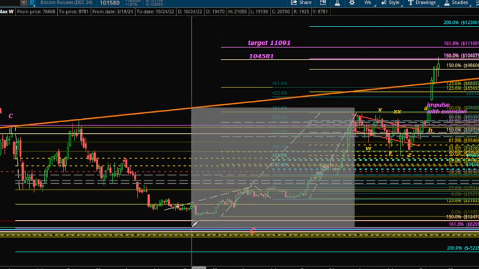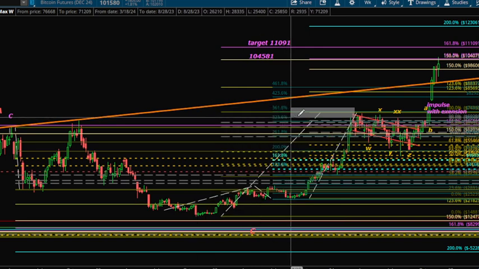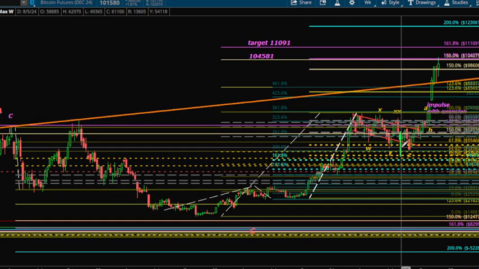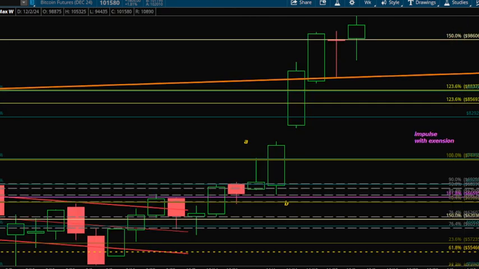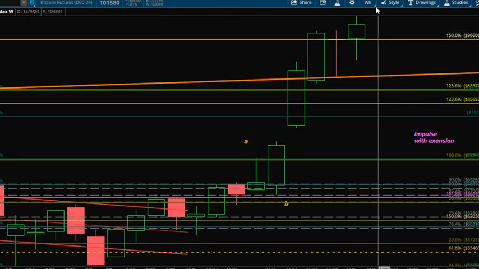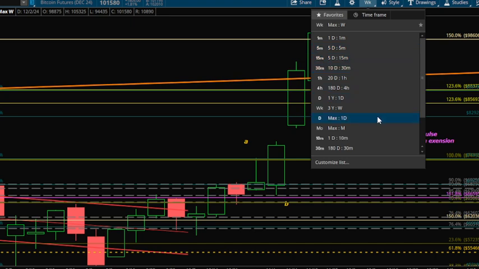Okay, so to fine tune our target is what we really need to do, is get into this last wave here, and we really need to get it on the daily time frame now.